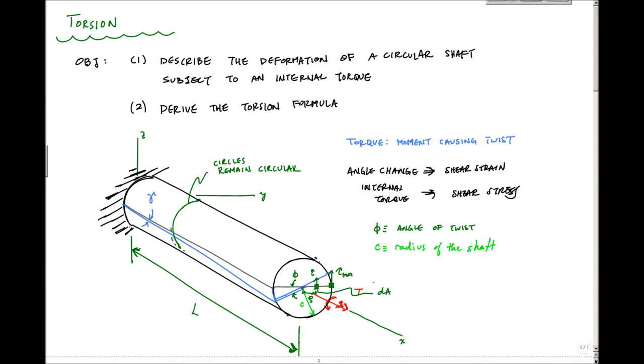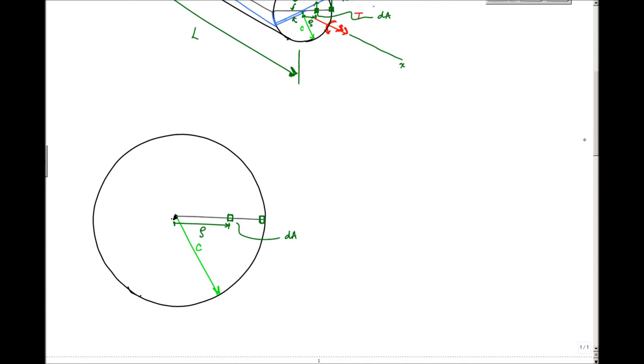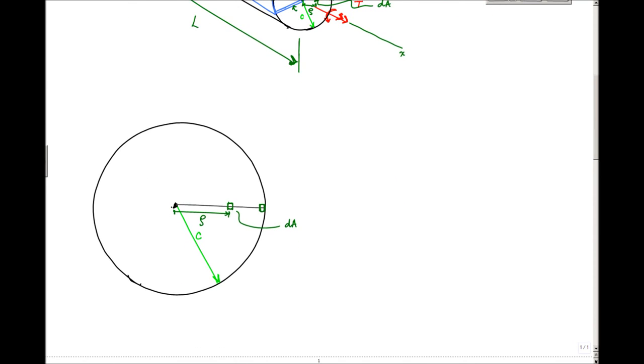Okay, so let's take a closer look at this cross section here. I just redrew it here. If I look down on this and zoom in, just because the outer edge is where I experience my largest deformation, I anticipate the shear stress, and I'll use tau for stress, in red right here, on this little incremental area at the very outer edge, a radial distance c from the center, to be tau max, or maximum shear stress.